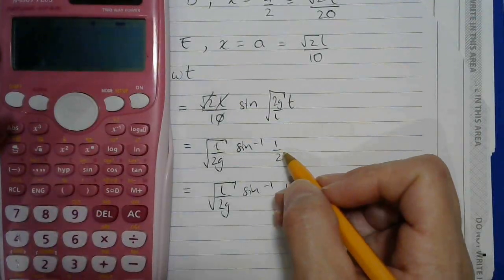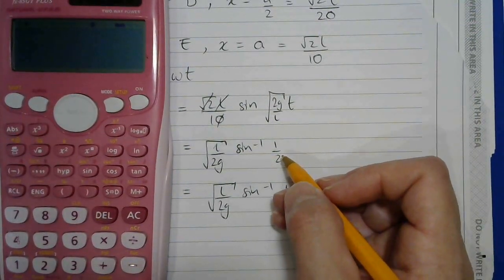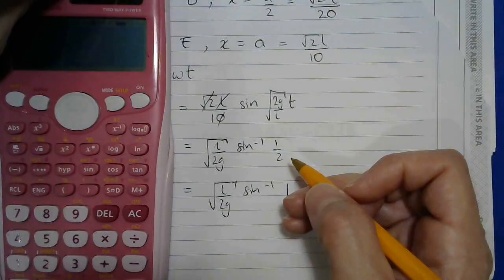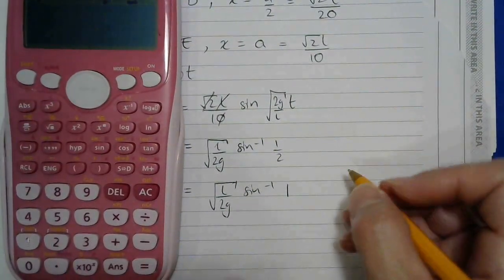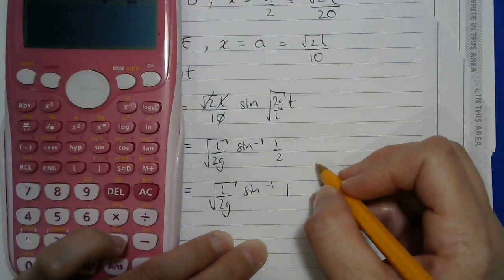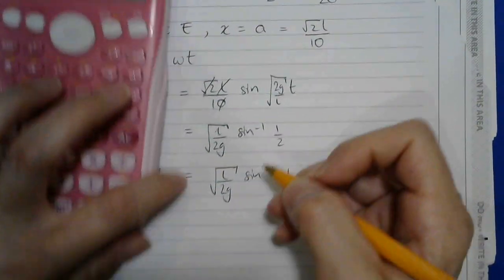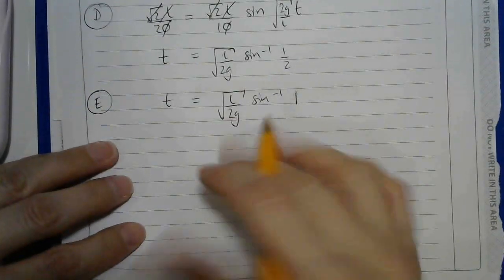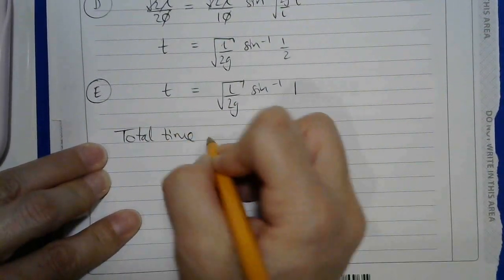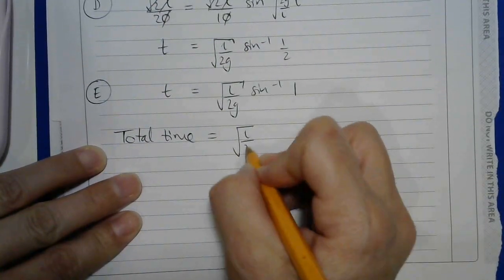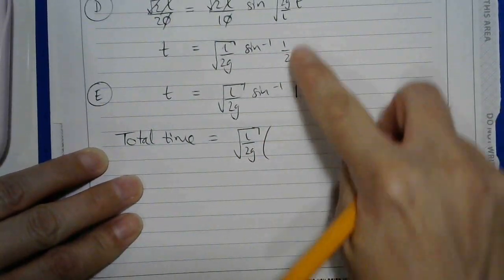So I'm going to have this plus this, basically. So total time will be root L over 2g, this plus this.